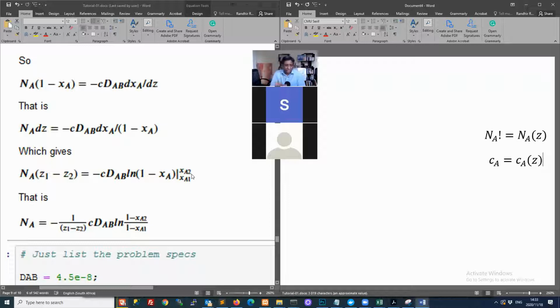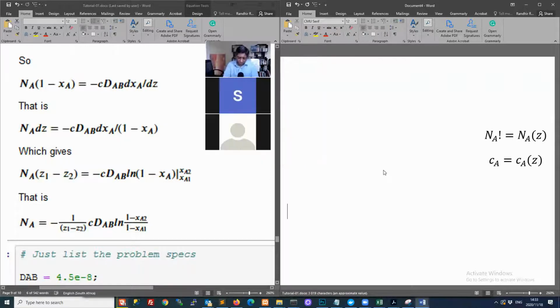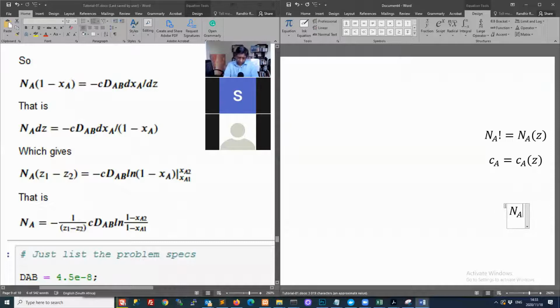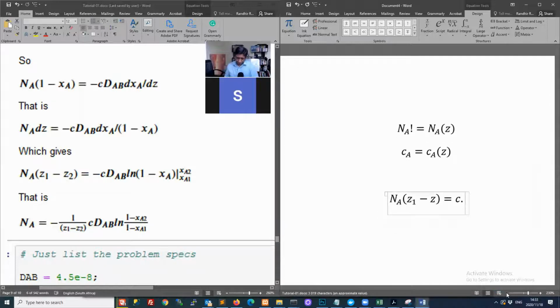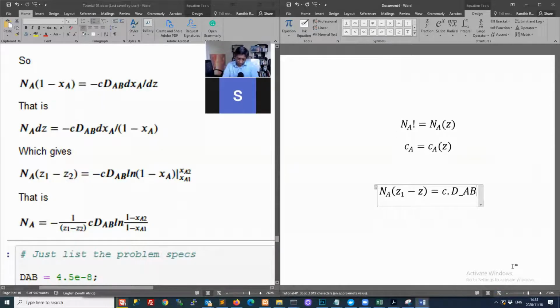So what we'll say is that if you integrate this equation, you can more generally say NA as a function of Z. So NA (Z1 minus Z) equals C DAB ln of 1 minus XA over 1 minus XA1.